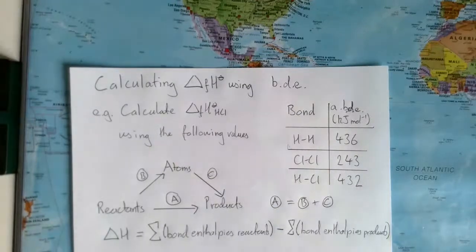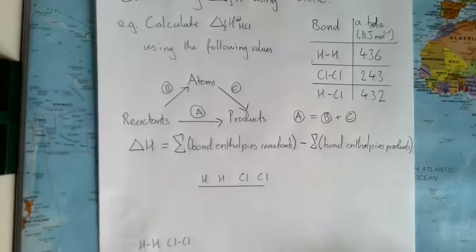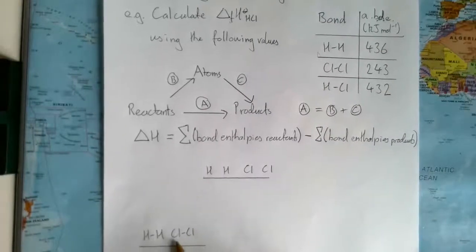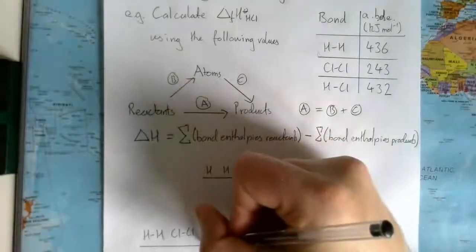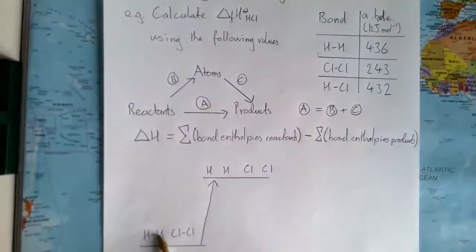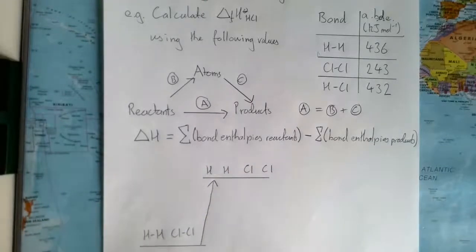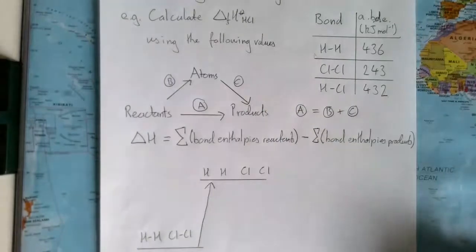So it's a little subtle change here, because you are adding B and C, but this is the negative of the values. Okay, so if we try and draw this out, you start off with hydrogen and chlorine. And what we have to do is go up and break the HH bond, and break the Cl-Cl bond, and now we've got 4 gaseous atoms, completely separated.